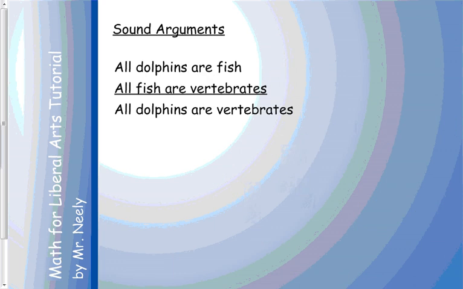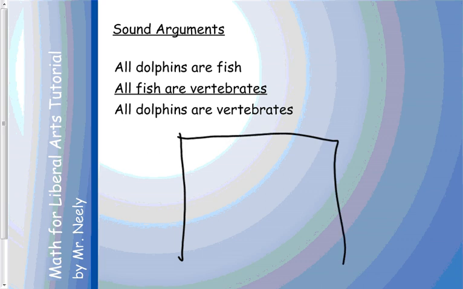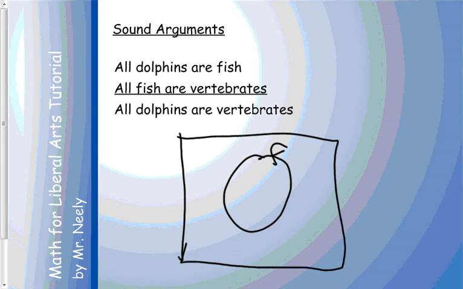Okay, this last argument says all dolphins are fish. And then it says all fish are vertebrates. Therefore, all dolphins are vertebrates. So looking at this argument here, all dolphins are fish means we've got a big circle that represents all the fish, and then the dolphins are inside the fish circle. Now, secondly, it says all fish are vertebrates.